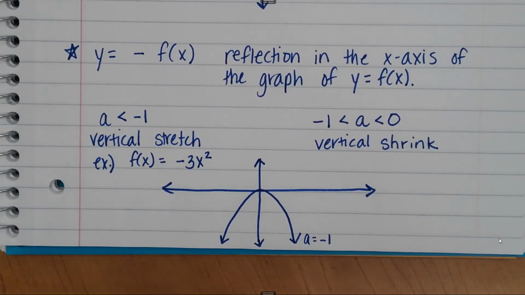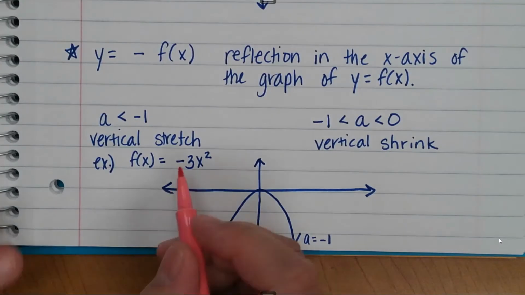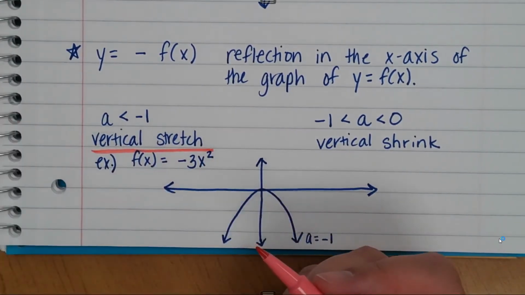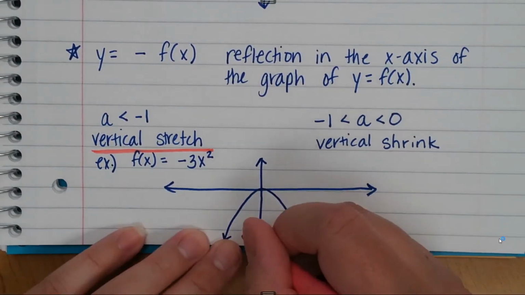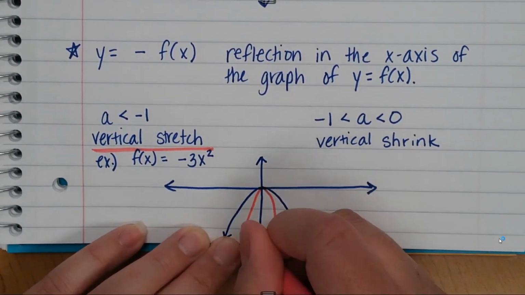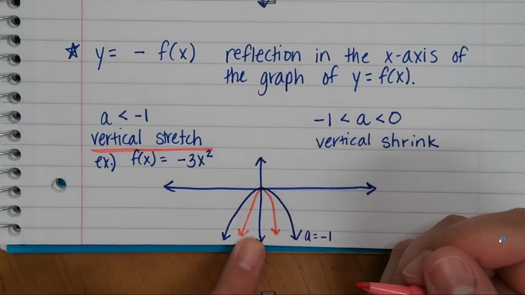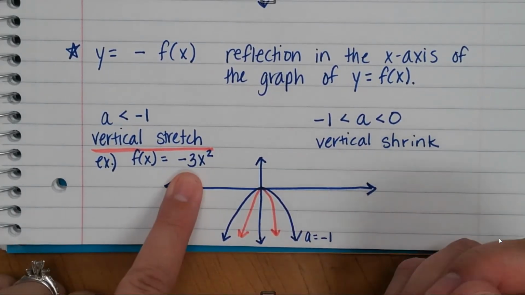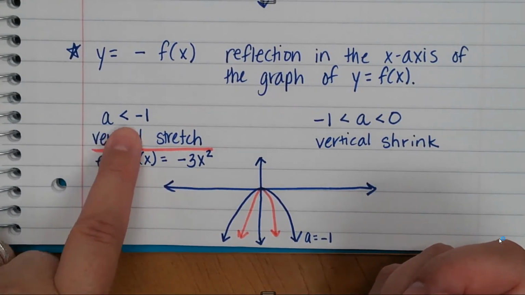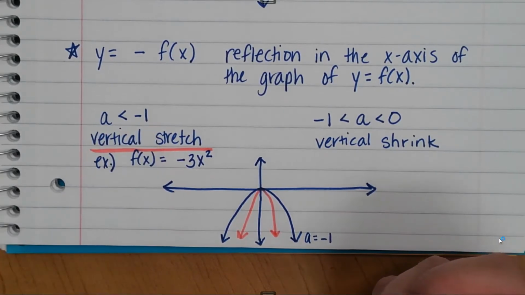Your vertical stretch, this is the one I'm going to make pink, would be narrower and it would be facing downwards if a is negative and less than -1.